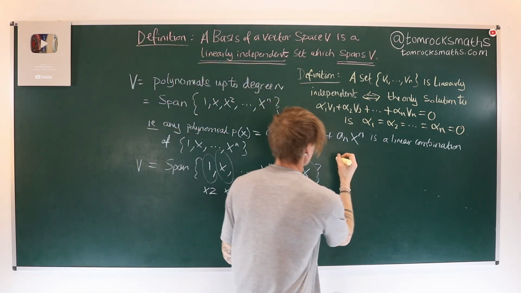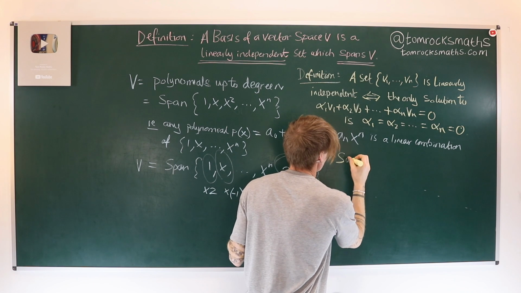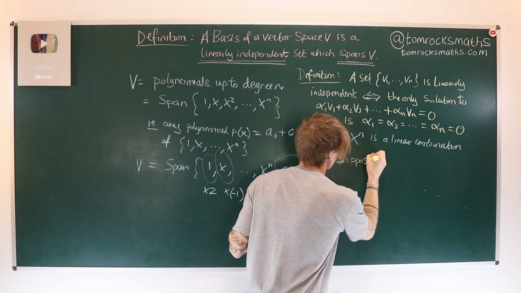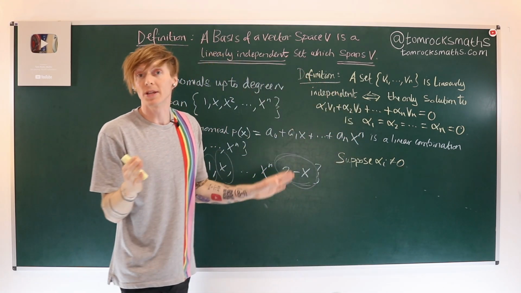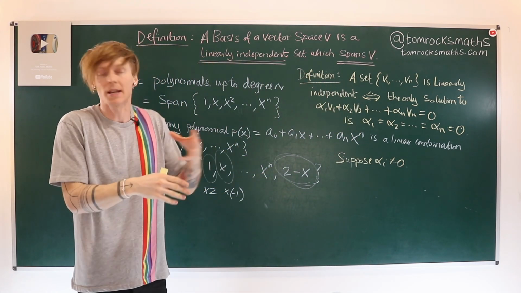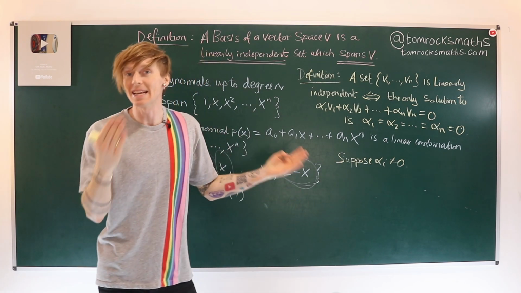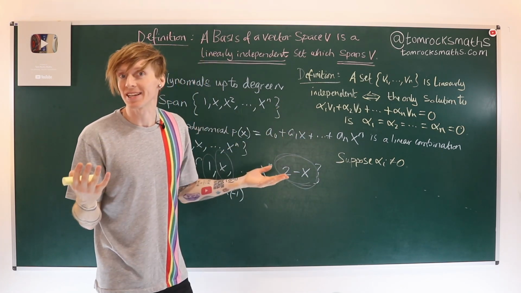So suppose, for example, alpha i is non-zero. We don't really care what the others are. They could be 0, but let's just suppose that at least one of them isn't 0, but this equation is satisfied.